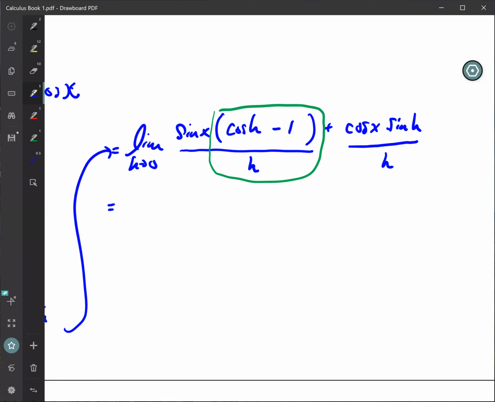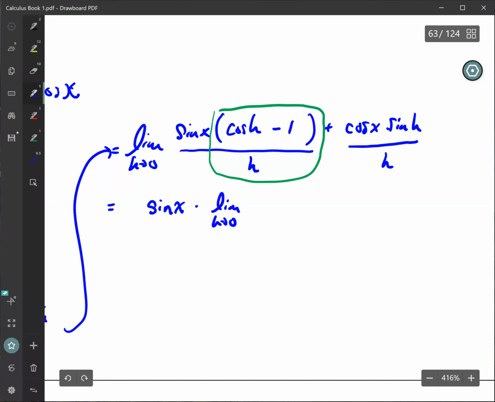So what you can do with the sine x is treat it as a constant, because h is approaching 0, and x we don't care about. So sine x will just remain sine x, and then the limit of the green part.